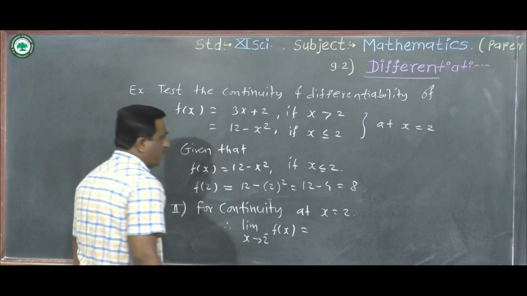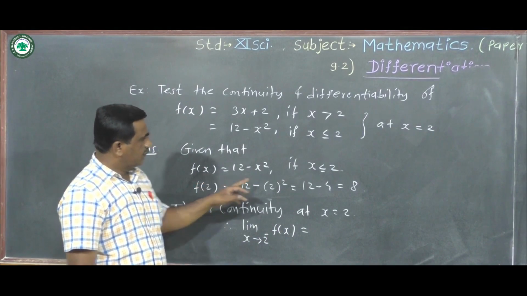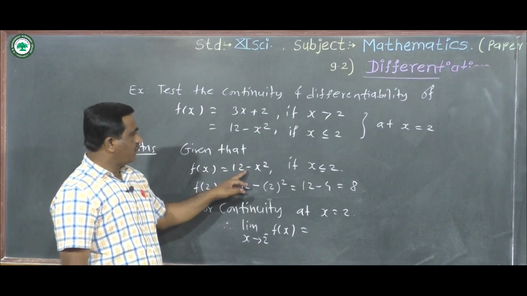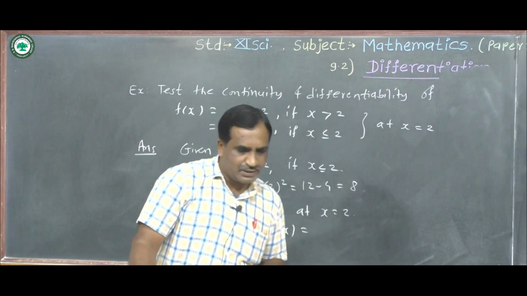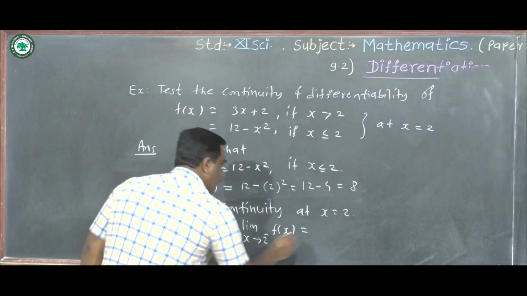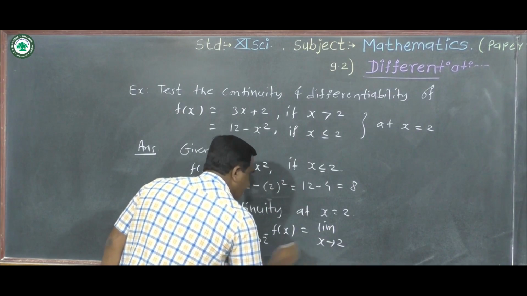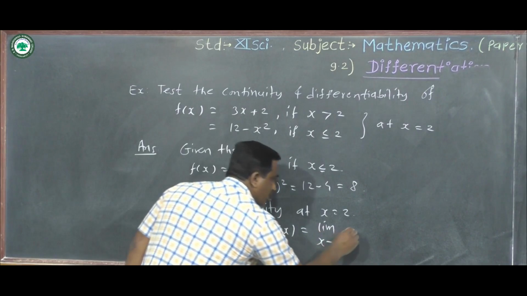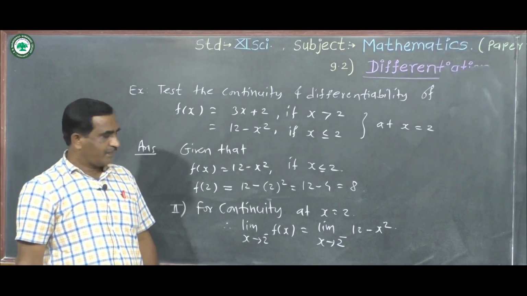We have to discuss continuity at x equal to 2. Here the value of f of x is 12 minus x square for the left hand limit. Therefore we can write limit x tends to 2 from left, f of x equal to 12 minus x square.